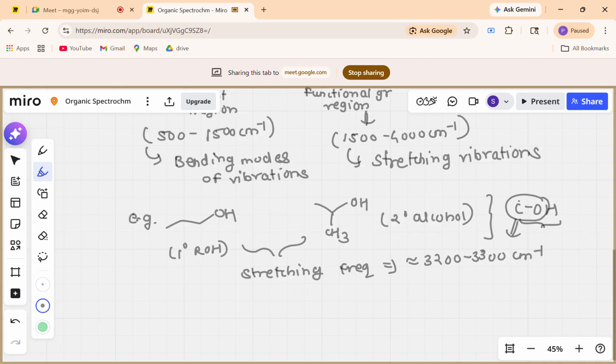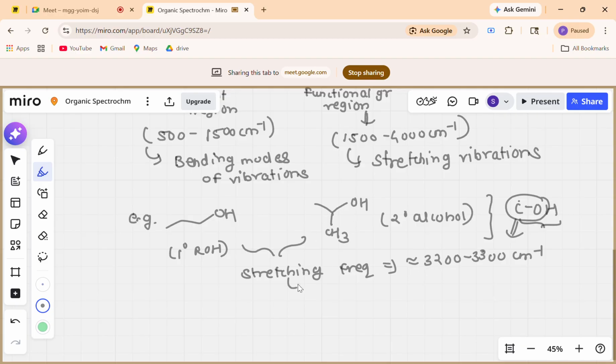So this C-O bond stretching frequency in both of the molecules, even in primary alcohol or even in the secondary alcohol, will be similar. Because this is the similar bond, that is a C-O bond, and we are basically detecting the corresponding stretching frequency of that bond.